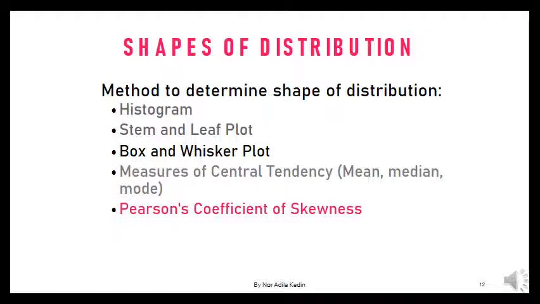But at the moment, okay, so untuk determine shape of distribution, kita dah tengok macam mana nak gunakan histogram, stem and leaf plots, and also the relationship between all three measure of central tendency, which is mean, median and mode. So now, since you all dah tengok standard deviation and variance, kita boleh determine shape of distribution menggunakan Pearson coefficient of skewness.